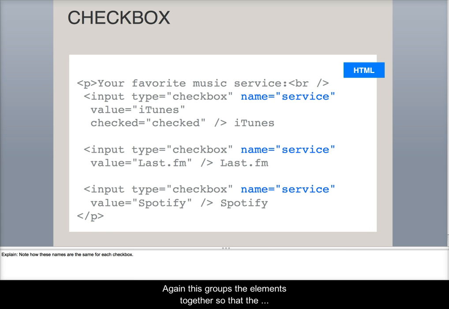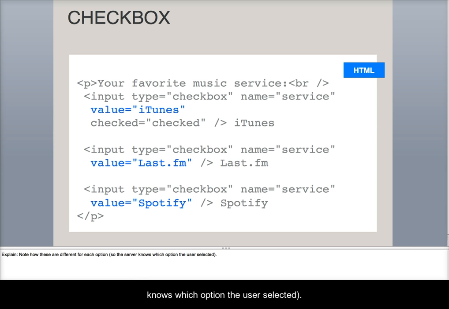Again, this groups the elements together so the checkboxes work as a unit, just like in radio buttons. The value attributes are set as with the radio buttons. Note that these are different for each option, so the server knows which option the user selected, just like with our radio buttons, only this time they can select multiples.